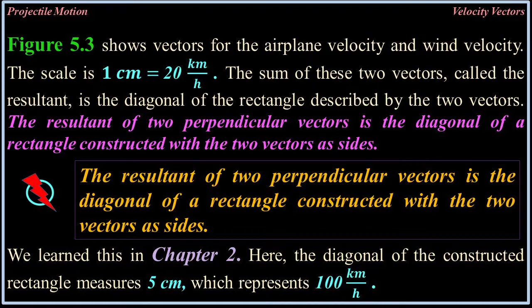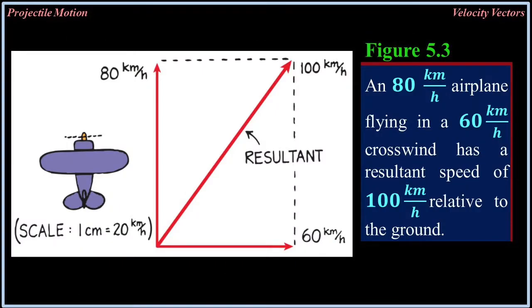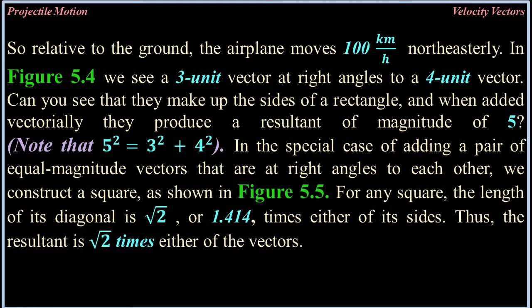Here, the diagonal of the constructed rectangle measures 5 centimeters, which represents 100 kilometers per hour. And here is figure 5.3: an 80 kilometer per hour airplane flying in a 60 kilometer per hour crosswind has a resultant speed of 100 kilometers per hour relative to the ground. So relative to the ground, the airplane moves 100 kilometers per hour northeasterly.